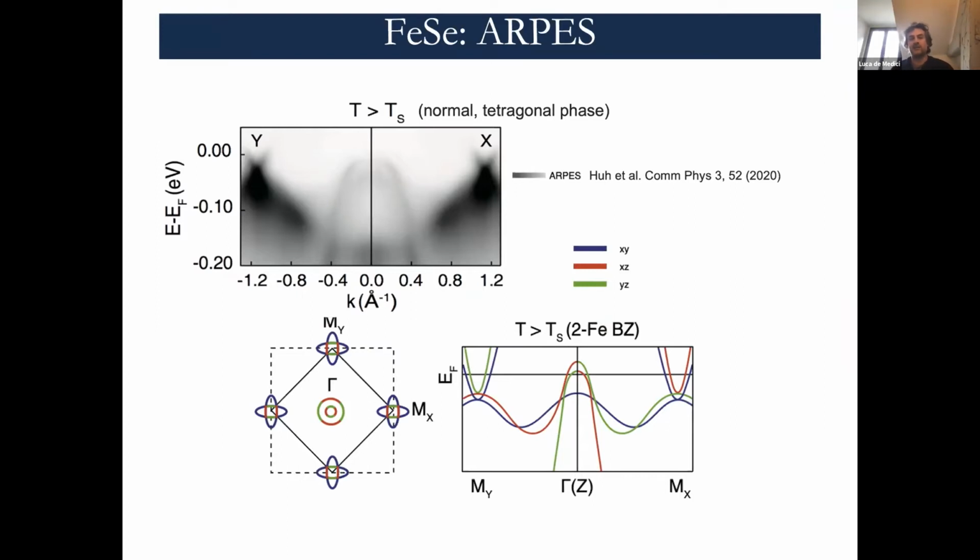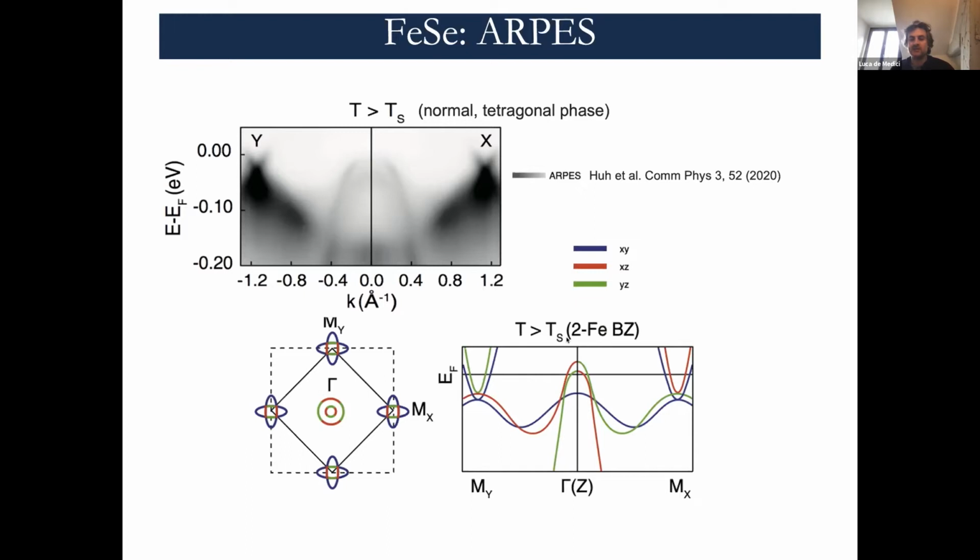I guess we can discuss the details of this, but I'll refer to this scheme of bands in the gamma-M cuts, and in particular to the fact that the xy band at gamma is sunk, and there seems to be an emerging consensus on this.